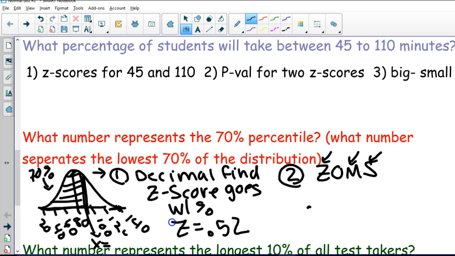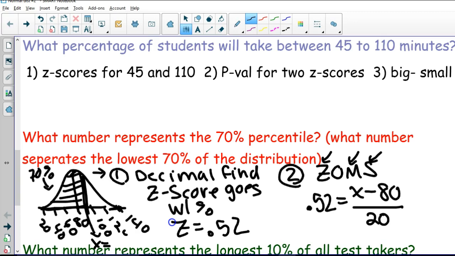So I'm going to say 0.52, z-score formula, z is equal to my observation. I don't know my observation, so I'm going to put that as x, minus my mean, and my mean was 80, and that said that at the beginning, divided by my standard deviation of 20. And now what can I do?